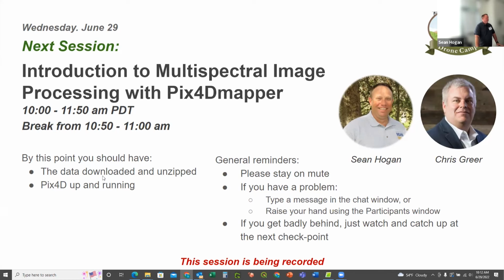I'm going to just cover some housekeeping things here. If you haven't already, if you're virtual and you download the data that was sent out in the emails before, you'll need to unzip that data. That's going to apply for everybody in the classroom here as well. There's a little bit of a difference in the classroom versus the virtual participants in that the data in the classroom is on the T drive. The IT folks that set the computers up in here needed to put it on the T drive. So anywhere in the directions it says C, it's really the T drive.